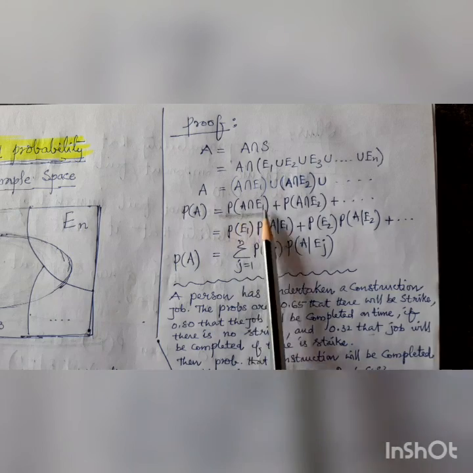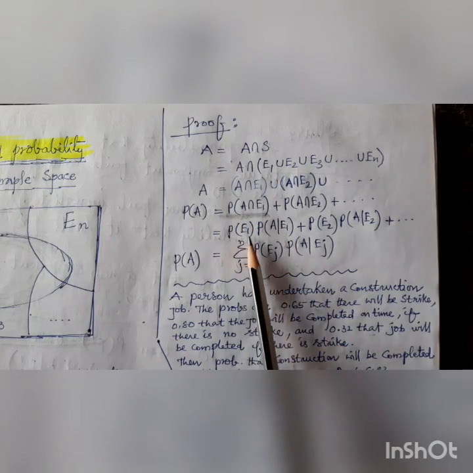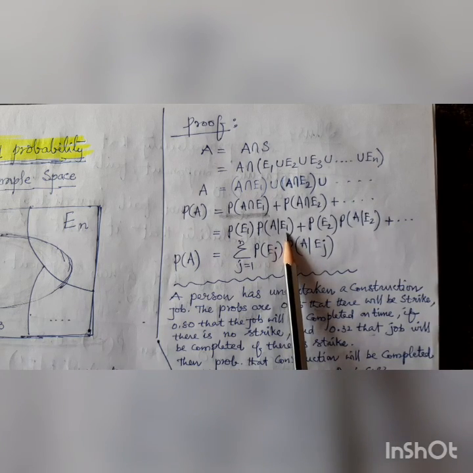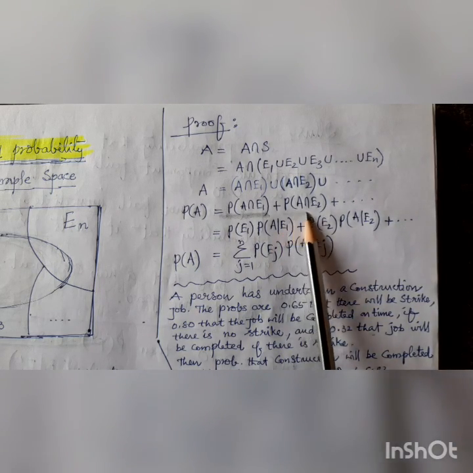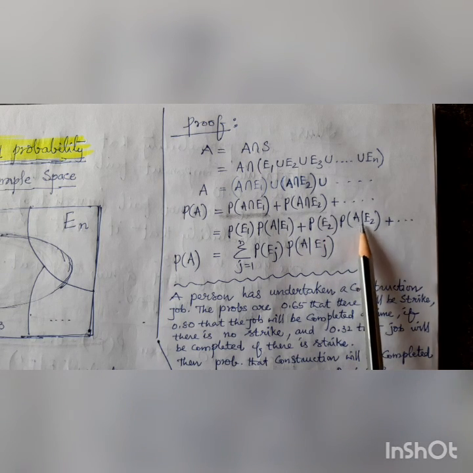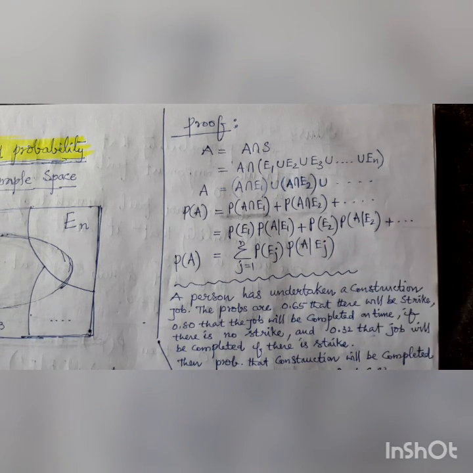P of A intersection E1 equals P of E1 into P of A on E1, plus P of A intersection E2, P of E2 into P of A on E2, plus so on.